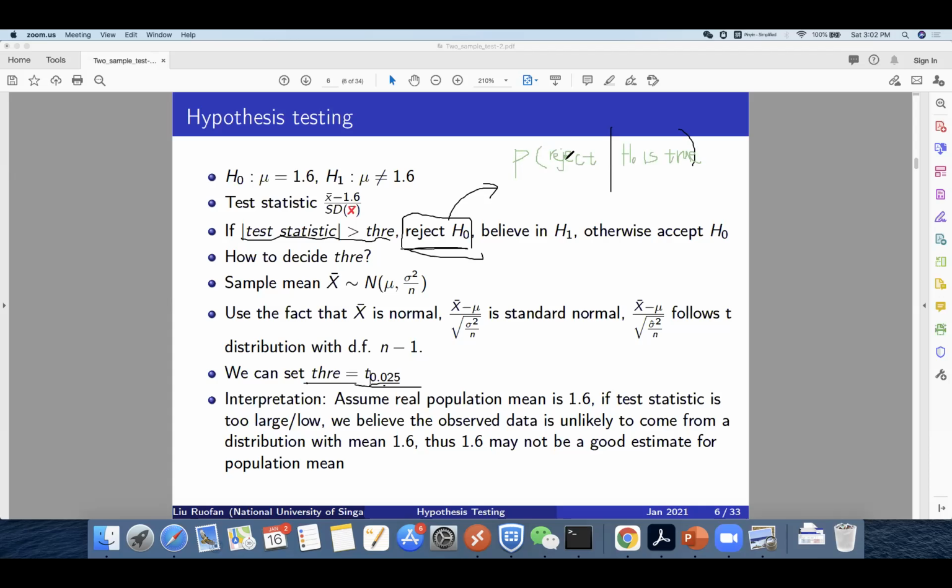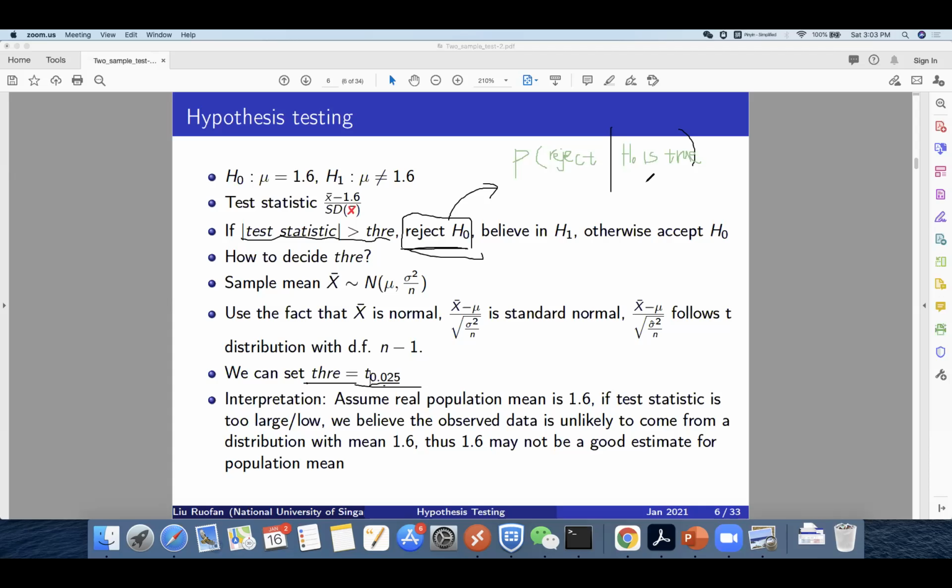From my understanding, you have a 0.05 chance to reject H0. But I don't know what's the probability that H0 is true.